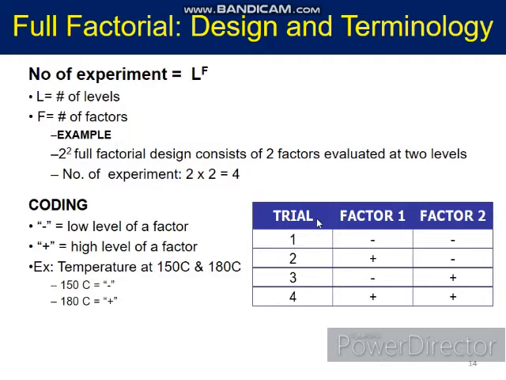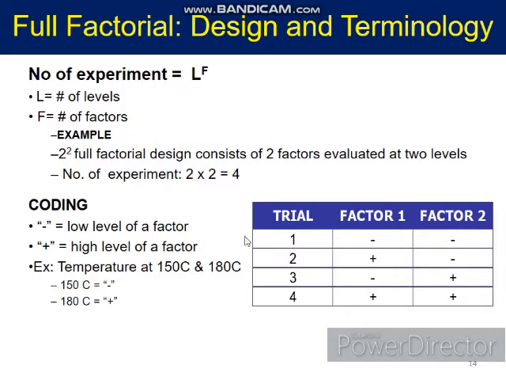When you decide that you're going to run a full factorial design of experiment, you key in your two factors, factor 1 and factor 2, and at each factor two levels, low and high, in Design Expert, Minitab or JMP software. Then it will give you this experimental matrix table, right?